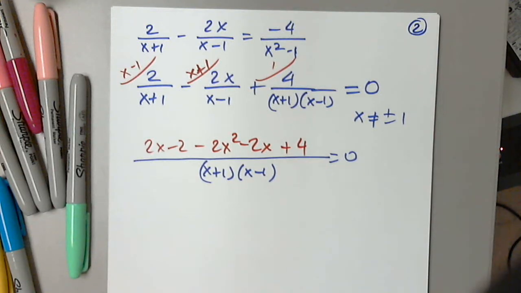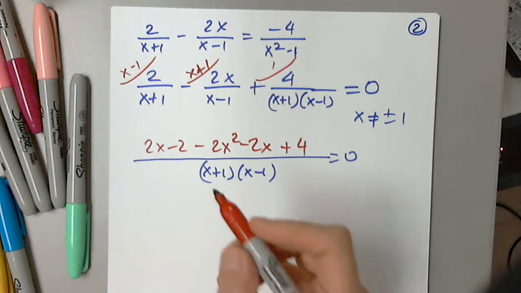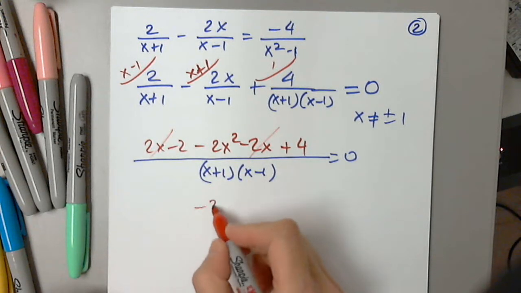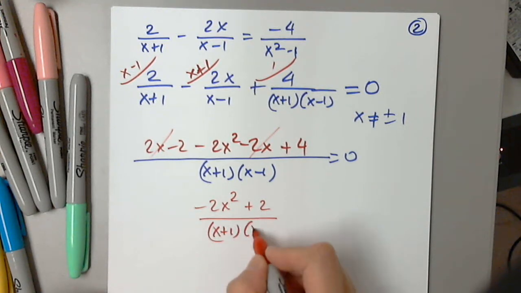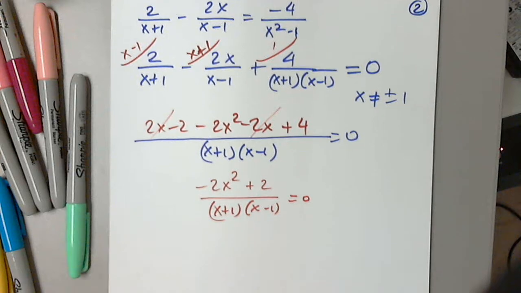Very good. Okay, let's combine like terms and see what happens next. And let's try and factor. So negative 2x squared plus 2 over x plus 1, x minus 1 equals 0.